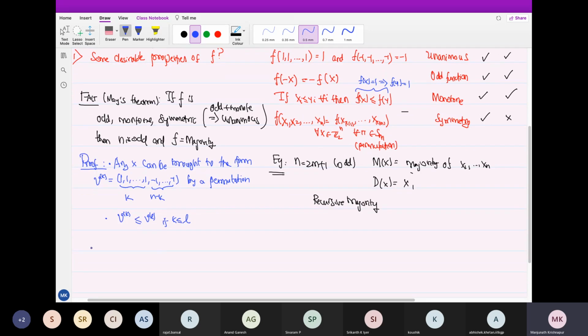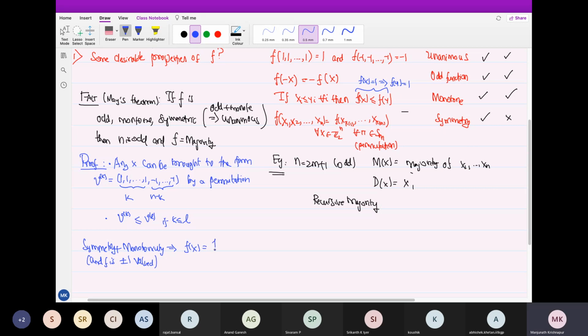The symmetry plus monotonicity implies that f(x) can depend only on the number of plus ones. Because it's symmetric, you can bring it to the form vk, and then it has to be an increasing function of k. So what can it be? It's plus minus valued.